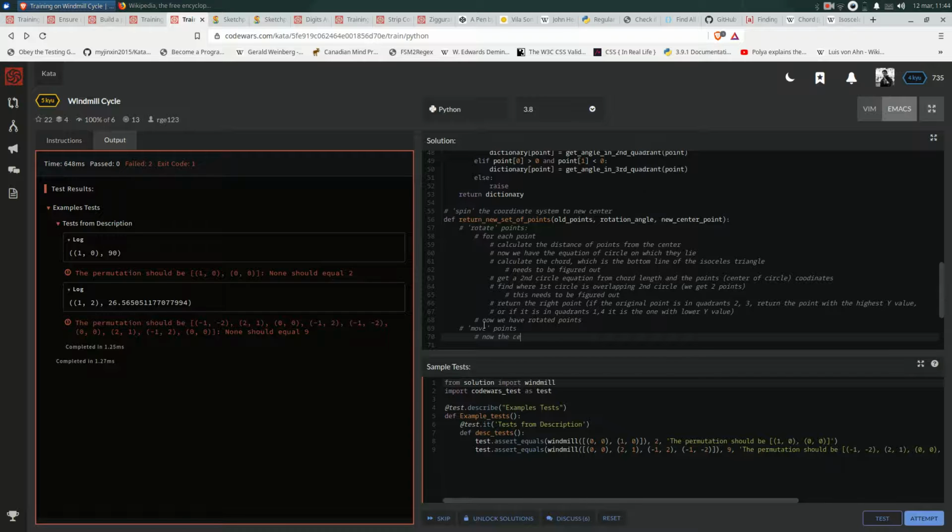Now the center point's coordinates should be like x should be 0 and y should be something. Is y always positive, is the question.